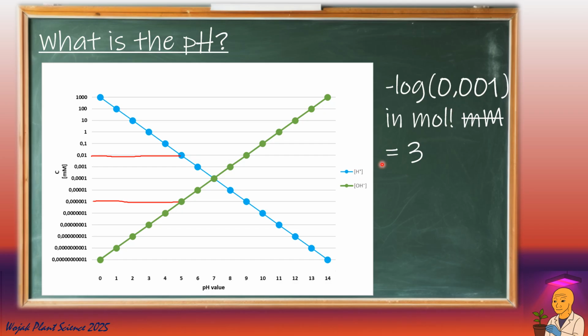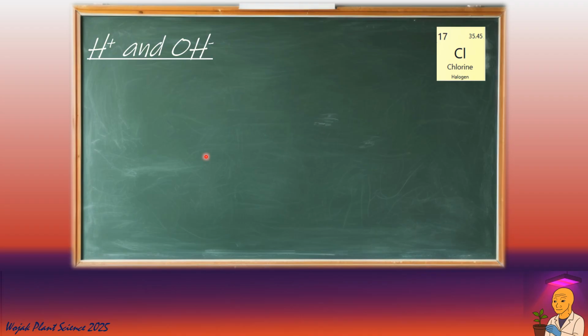So if we have that concentration of H plus, we have a pH of 3, and pH is in mole. Okay guys, so we've just learned that H plus is basically our pH, our proton concentration.